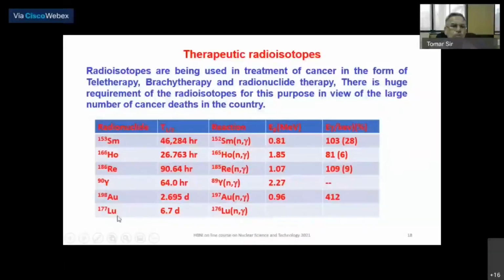Some of the isotopes used in therapy: 153 samarium, 46 hours, from 152 samarium (n,γ); 166 holmium, 26 hours; 186 rhenium, 90 hours; yttrium-90, 64 hours, from yttrium-89 (n,γ) or strontium-90 going by beta minus to yttrium-90; 198 gold from 197 (n,γ); 177 lutetium from 176 (n,γ), or 176 ytterbium (n,γ) followed by beta minus decay.